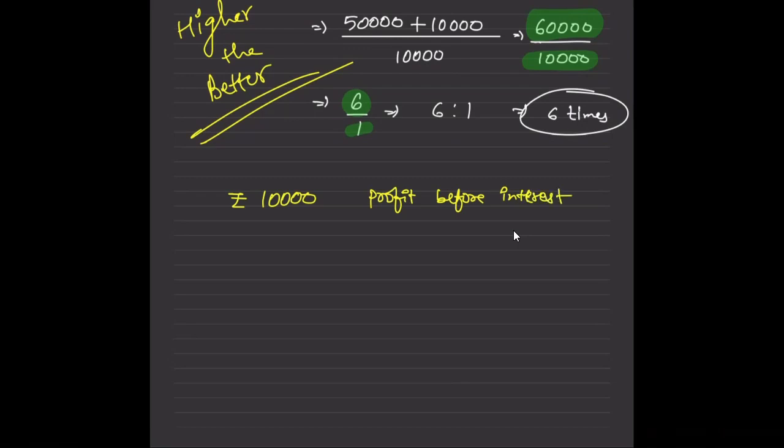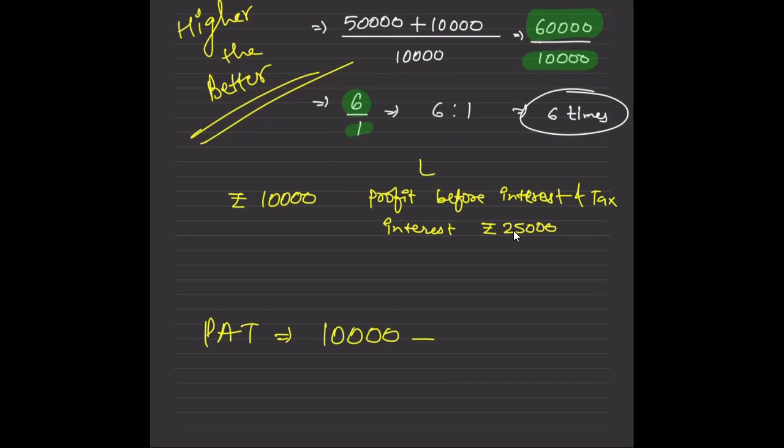It is 10,000. And then you have been given the interest amount of, let's say, 25,000. 25,000 is the interest. So what is the profit after tax, my friends? My profit before interest is 10,000. Okay. This is profit before interest and tax.